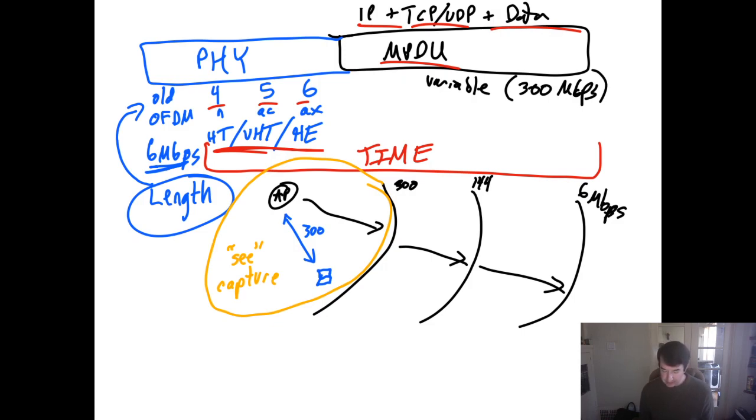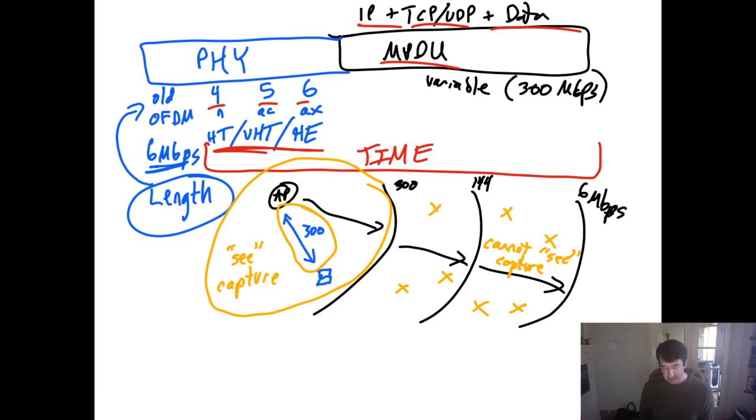However, if someone is beyond 300, in the 144 range, in the 6 range, in any of those other locations, then they cannot see or capture what's going between my client device and my access point.